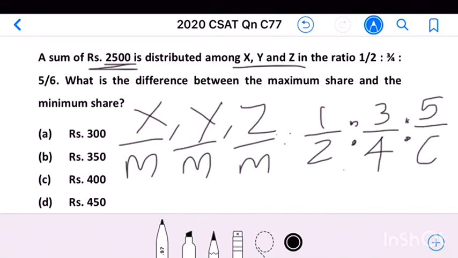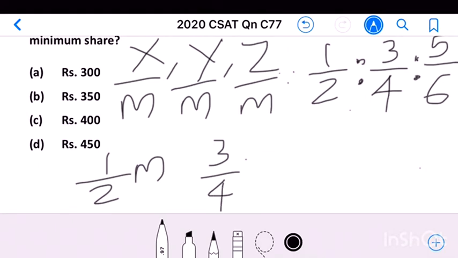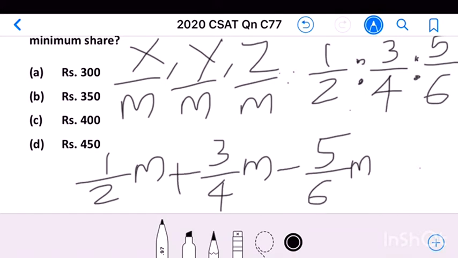That means share of x equals 1 by 2 into m, share of y equals 3 by 4 into m, and share of z equals 5 by 6 into m. Adding all these values we get the total 2500.